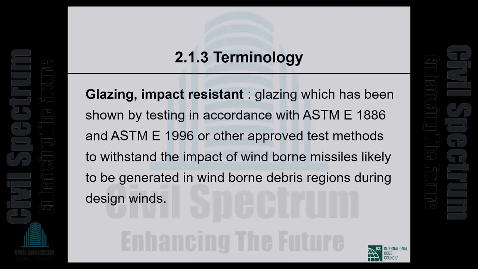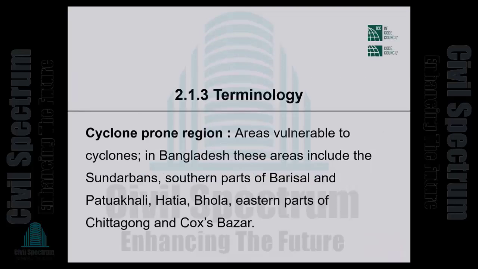Impact resistant glazing: glazing which has been shown by testing in accordance with ASTM such and such or other approved test methods to withstand the impact of windborne missiles likely to be generated in windborne debris region, definition coming up, during design winds. So, impact resistant glazing.